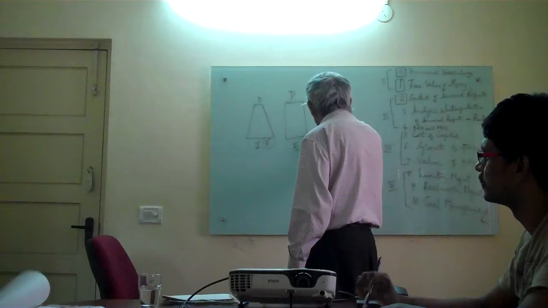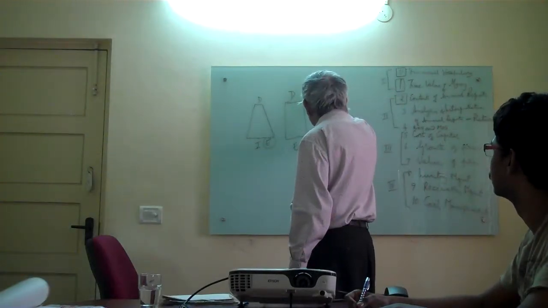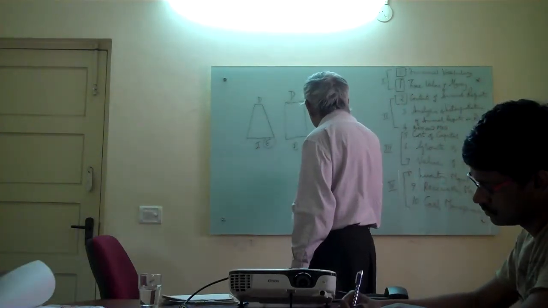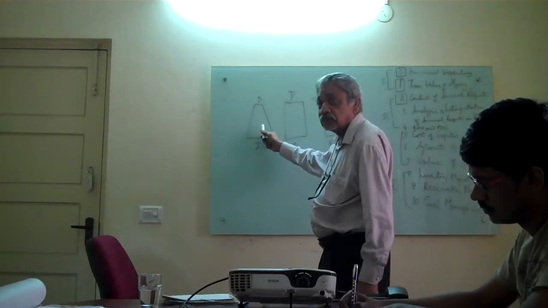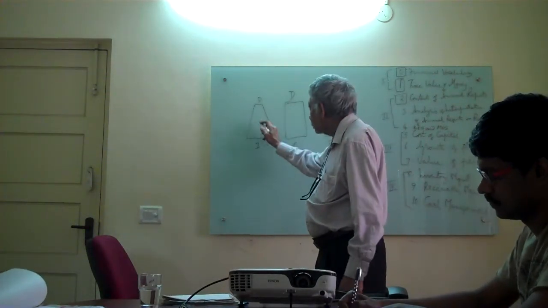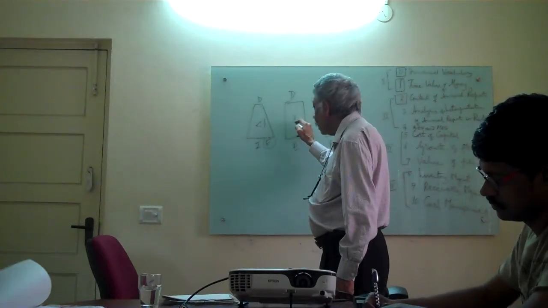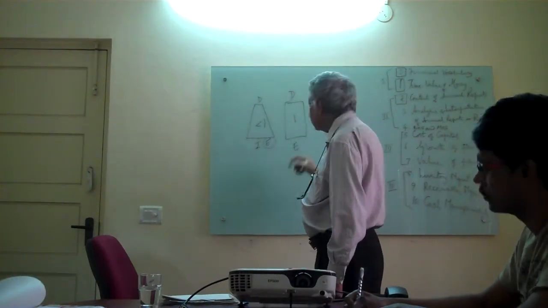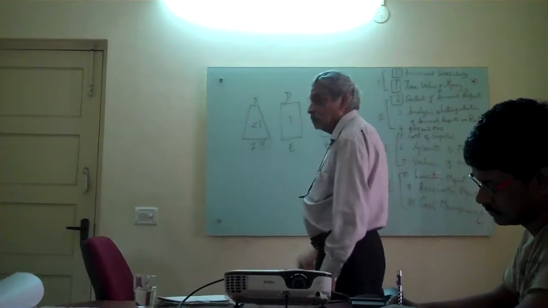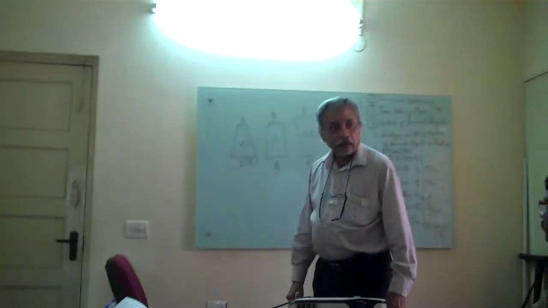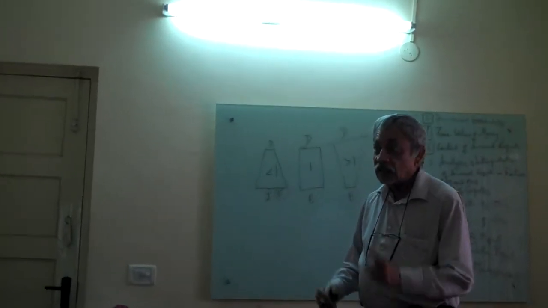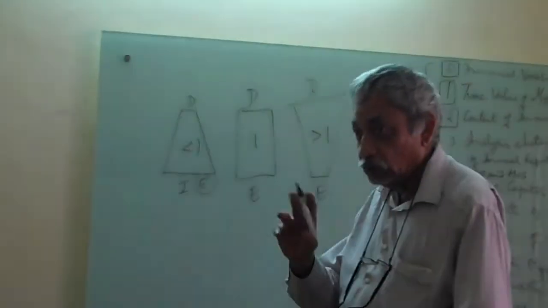What does this mean? How much is debt equity in this case? Less than 1, correct. In this case? Greater than 1. So you are all in this group? Greater than that. Fine. What is the norm? 2.